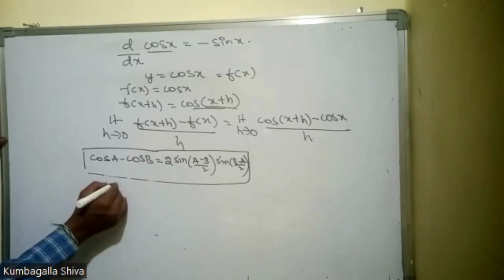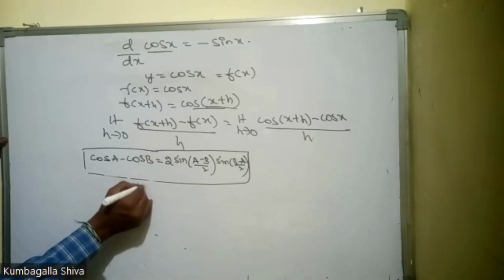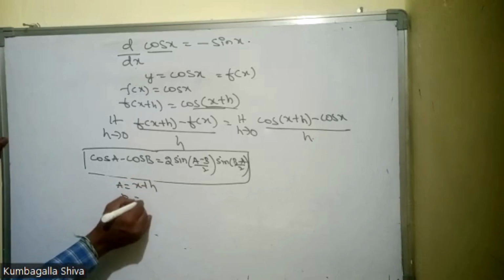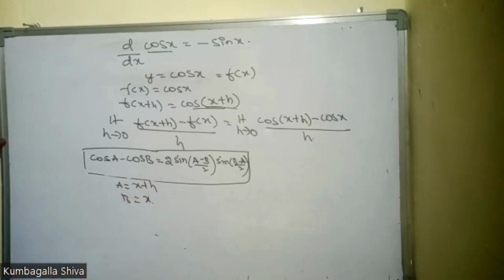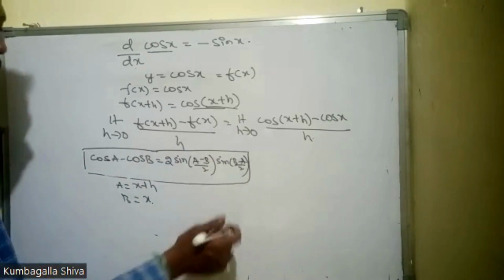Here A is x plus h and B is x. Using this formula, I am writing down the notation.